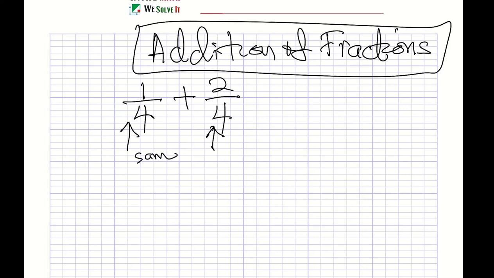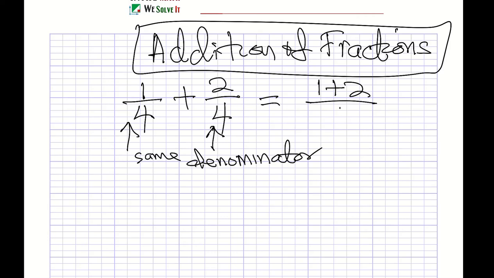When you add fractions with the same denominator, you just add the numerators and leave the denominator below. Basically, you just say 1 plus 2 over 4, because those two fractions have the same denominator.